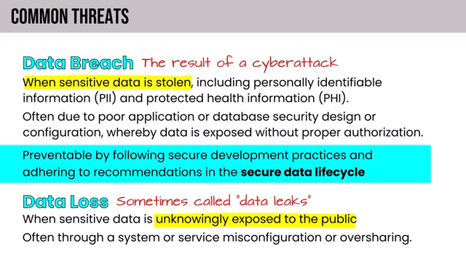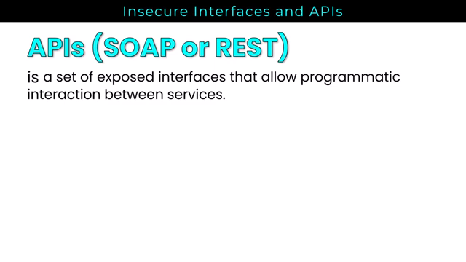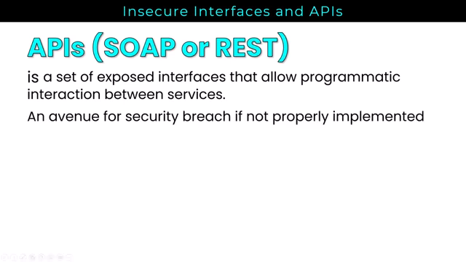It's unintentional. We have common threats to our APIs, our web services like SOAP or RESTful services. These are exposed interfaces that allow programmatic interactions between services. And they're definitely an avenue for security breach if they're not implemented properly and secured.